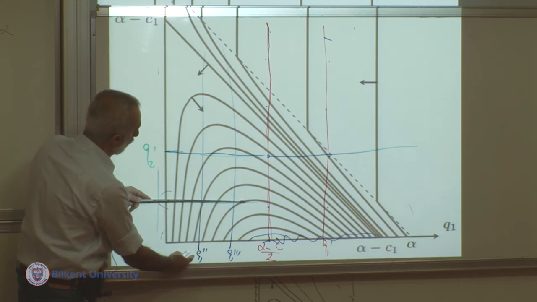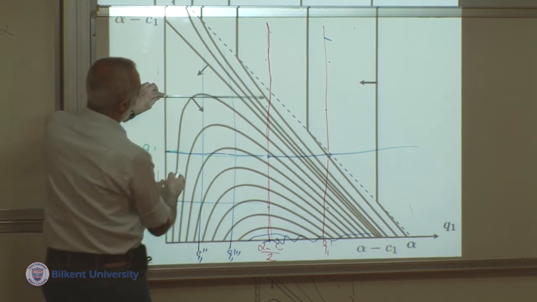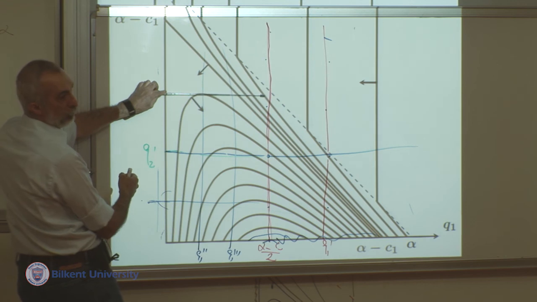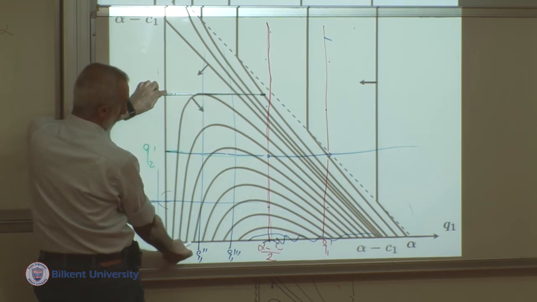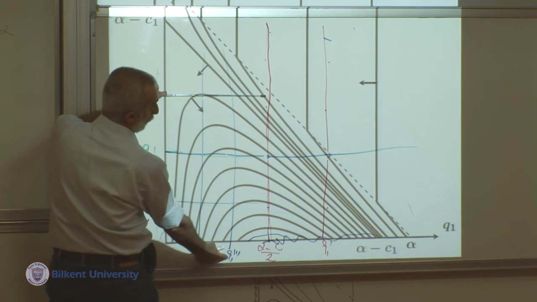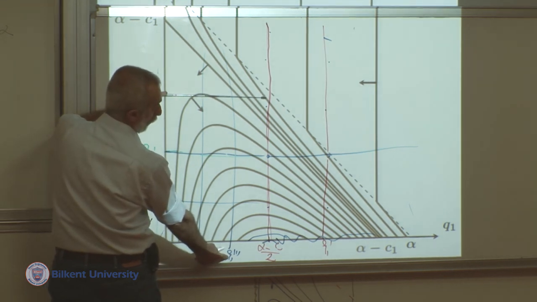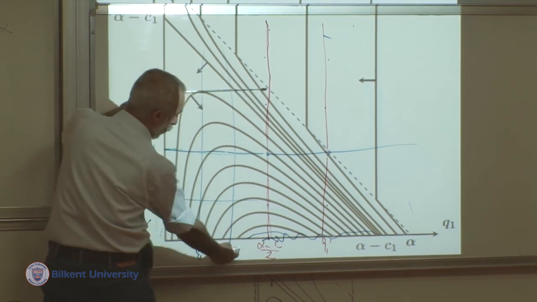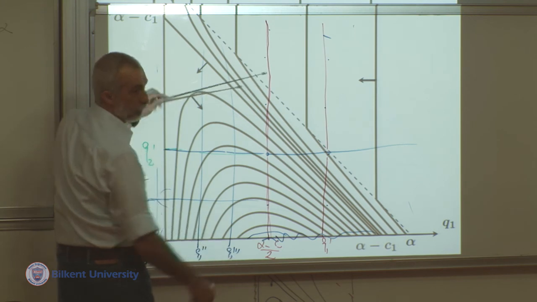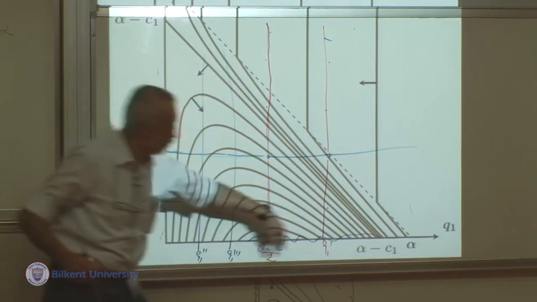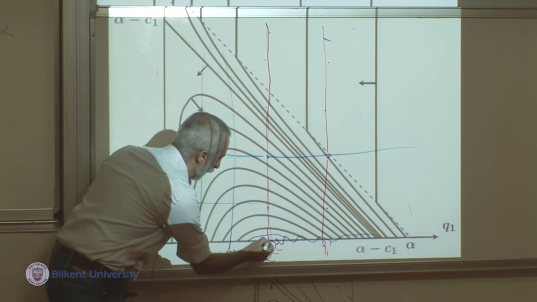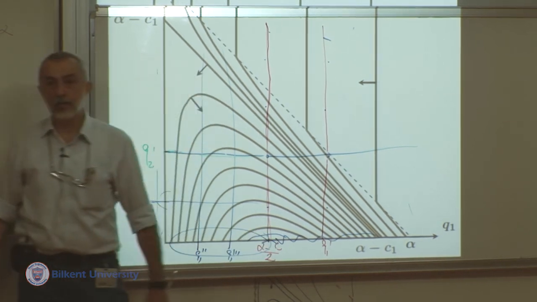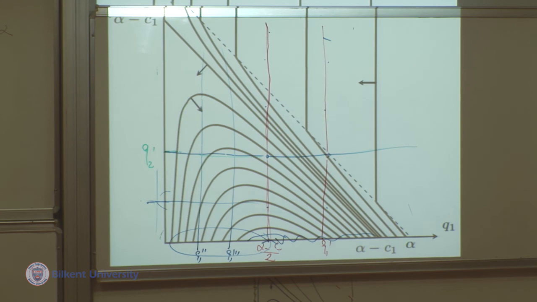But for that strategy of player 2, playing Q1 triple prime is better than playing Q1 double prime. So neither Q1 double prime dominates Q1 triple prime, nor vice versa. And the same thing works for strategies in this region. So all these strategies are undominated. So far, so good? Any questions?